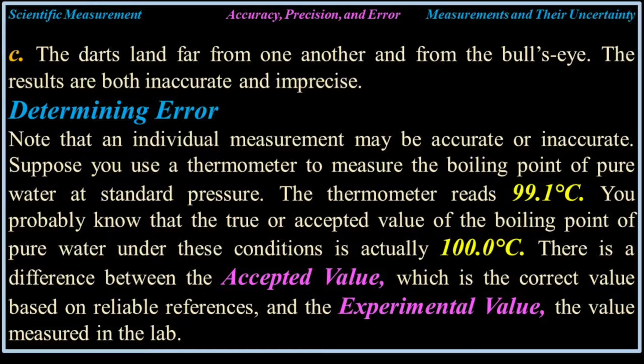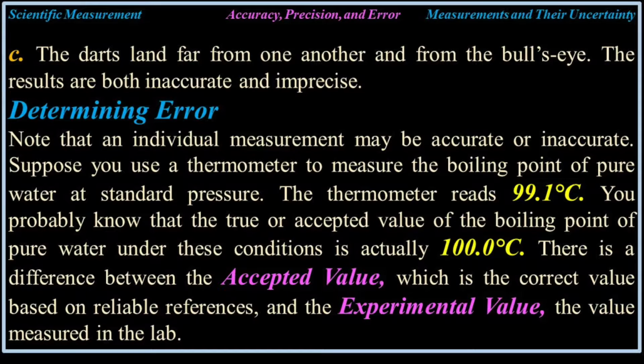Now, determining error. Note that an individual measurement may be inaccurate or accurate. Suppose you use a thermometer to measure the boiling point of pure water at standard pressure. The thermometer reads 99.1 degrees Celsius.